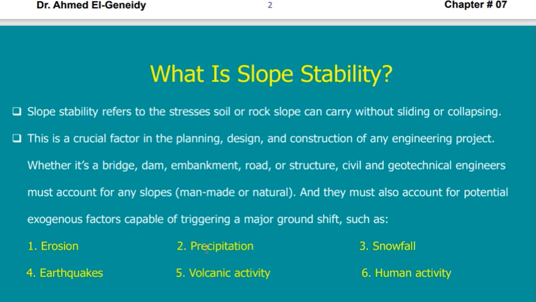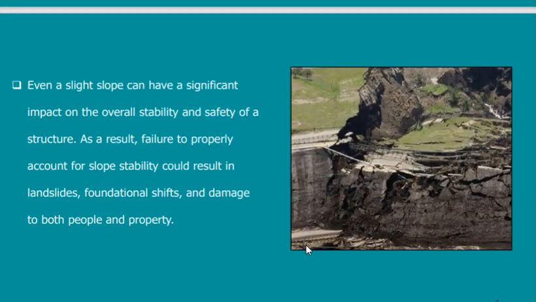Precipitation, water coming and particles precipitating on this slope, so the dimensions of the slopes will change. Snowfall, the effect of snow, effect of earthquakes, effects of volcanoes, human activities, maybe excavation, backfilling. All of these factors affect my slope, and I have to study them.